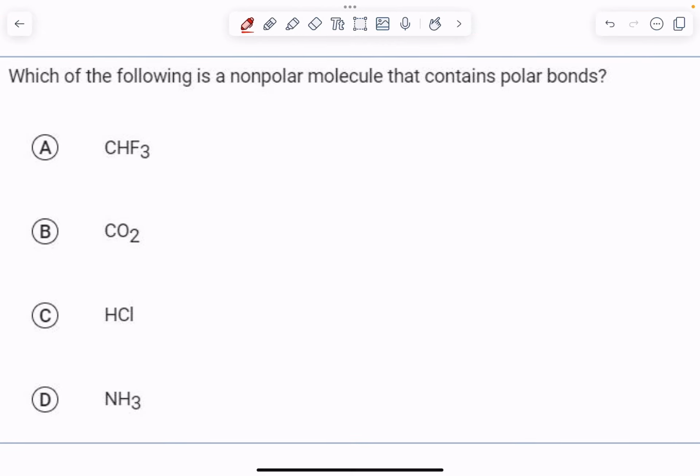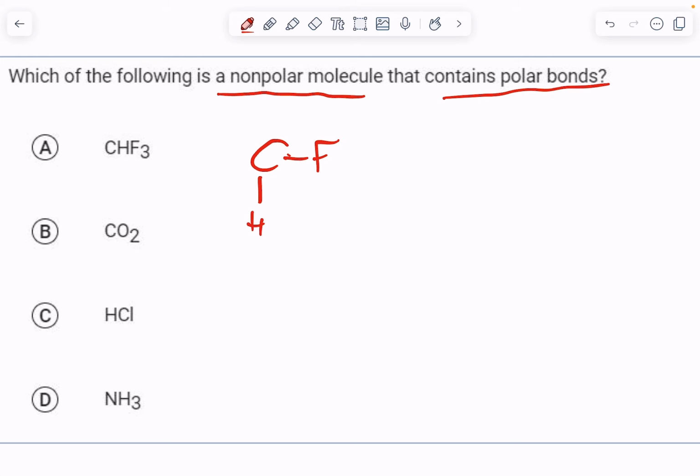Number two, which of the following is a non-polar molecule that contains polar bonds? I really like this question. There's two parts to it. We want an overall non-polar molecule and something that contains polar bonds. So polarity is what we're looking at, and we've got CHF3, which is going to look something like this.